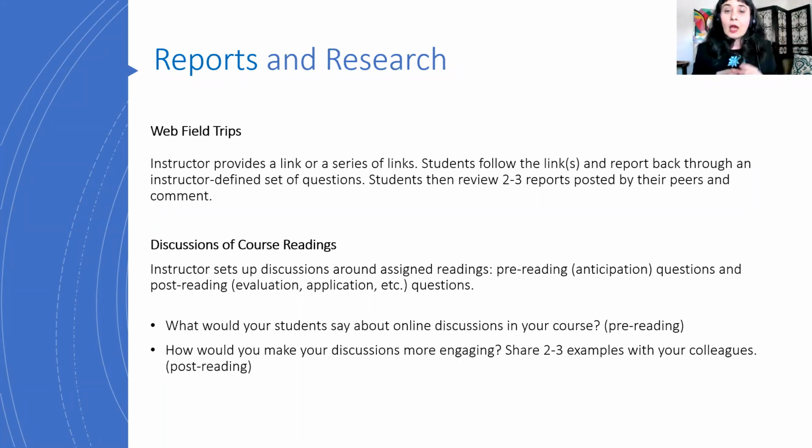But the key with peer reviews is to make them really successful, because they can be frustrating for the students and faculty, and I've seen that. I think the reason why peer reviews may not work is because instructors don't provide a rubric for students.